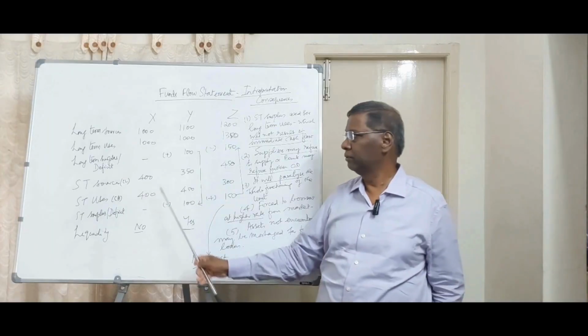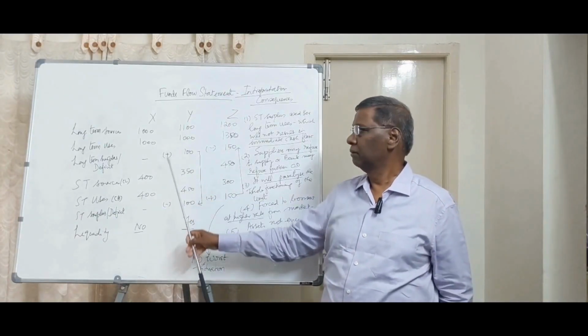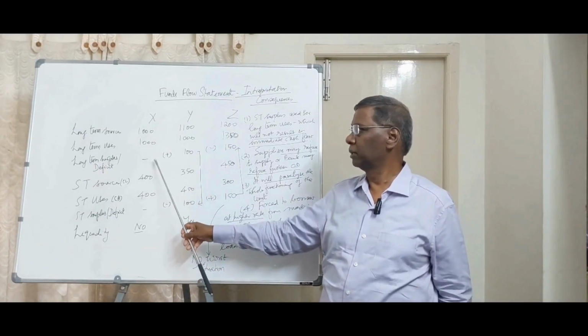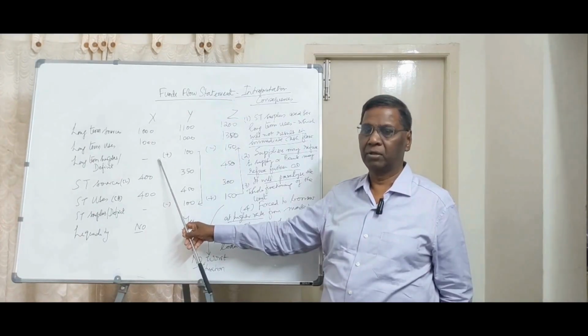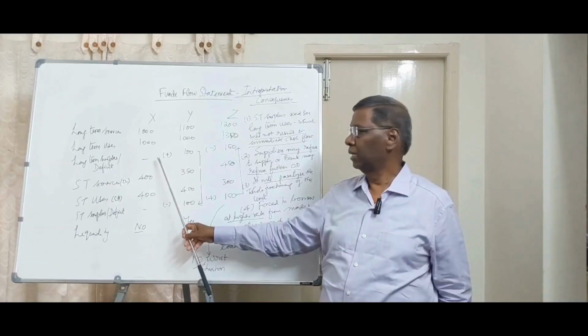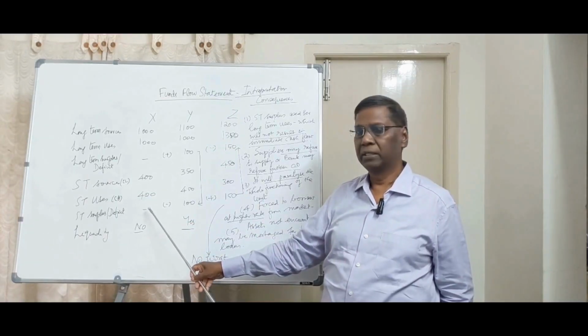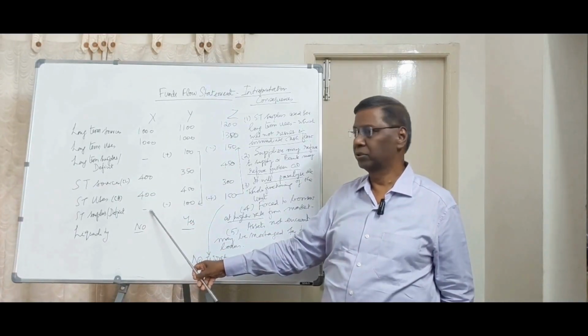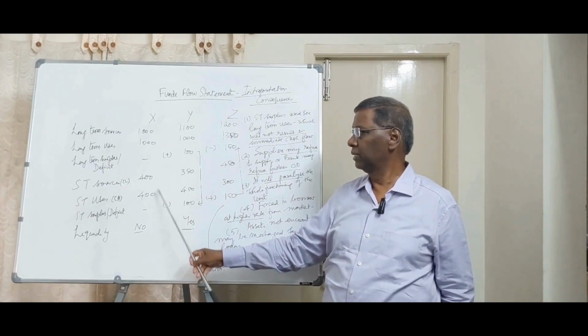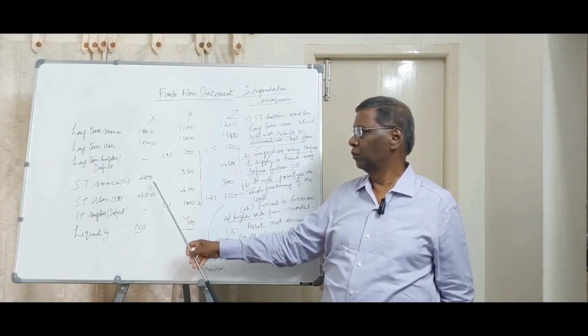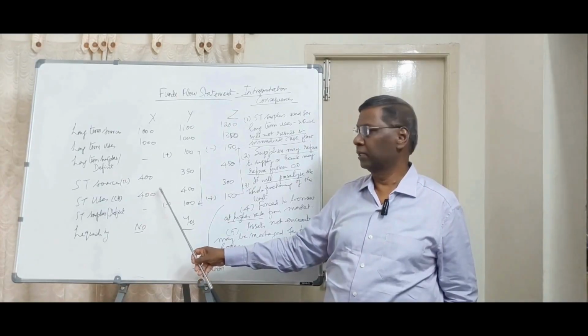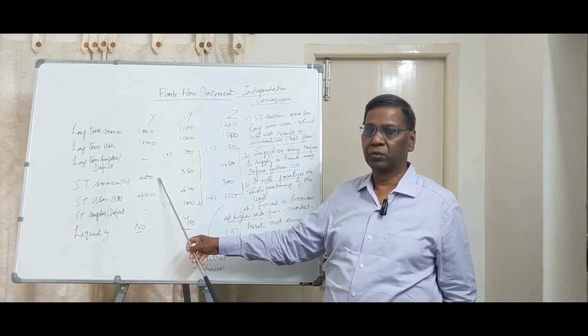In this case, it is a very hectic situation where there is neither surplus from the long-term sources, nor any deficit or surplus in the short-term uses. But it is a very hectic situation because the 400 current assets you have to liquidate to pay the current liabilities of 400.